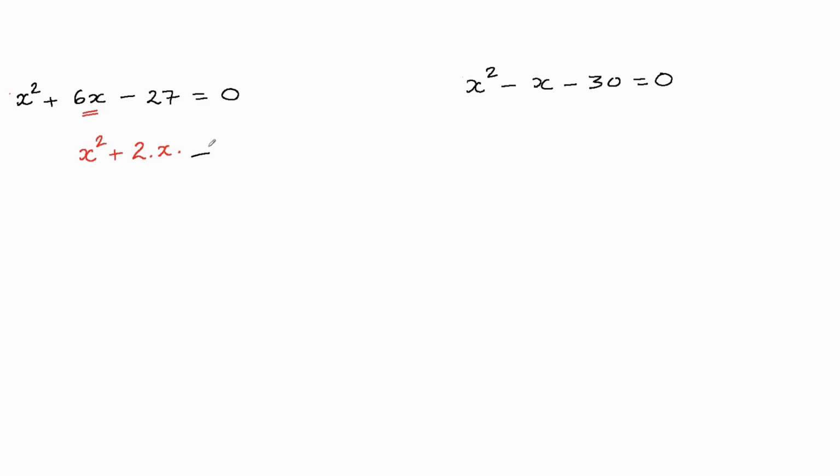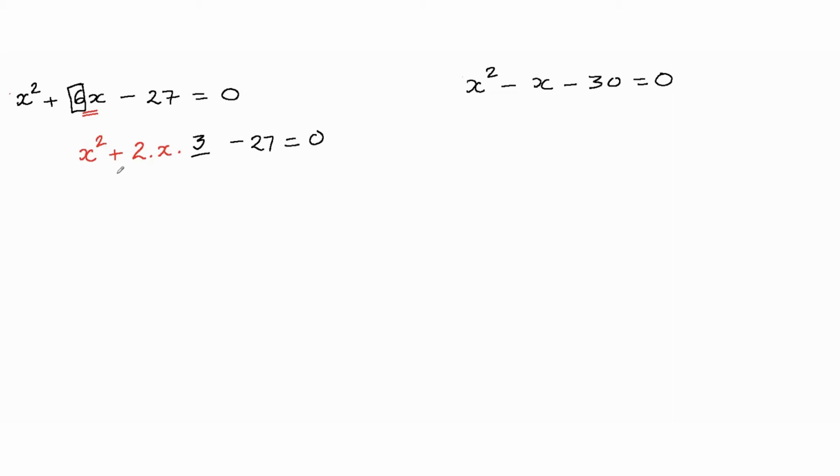Not difficult to notice that this number should be 3. Basically the number over here divided by 2. So 6 divided by 2 is 3. Why are we dividing by 2? Because we are already separating out 2 as one factor. So we have x square plus 2 into x into 3 minus 27 is equal to 0.